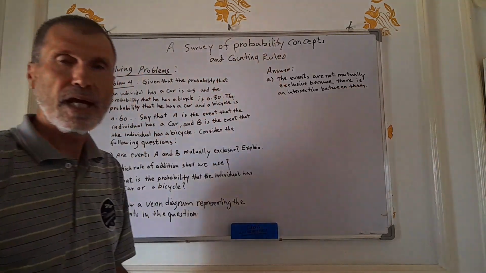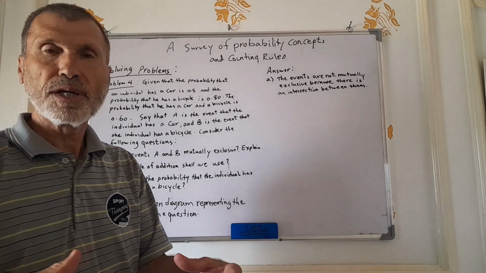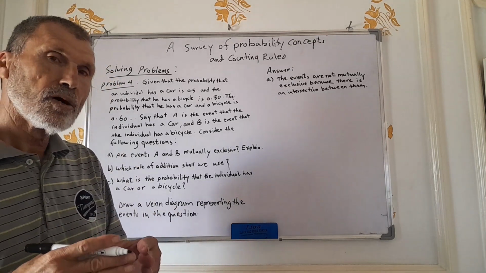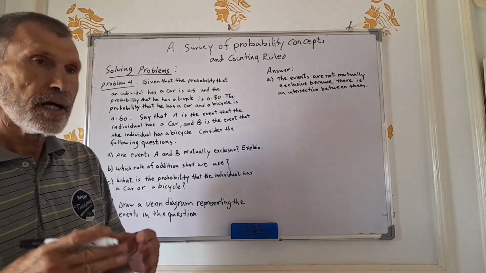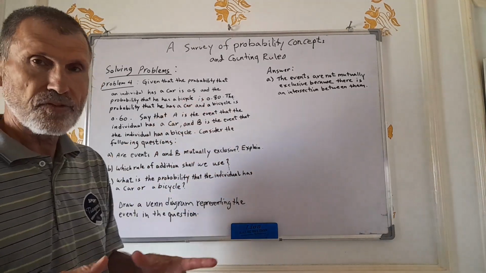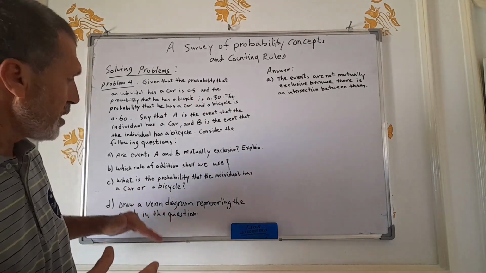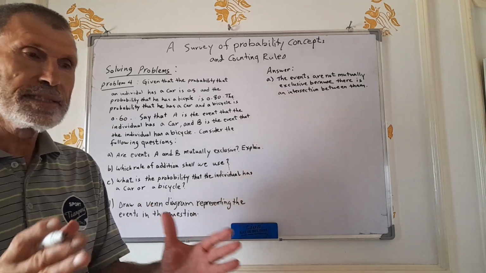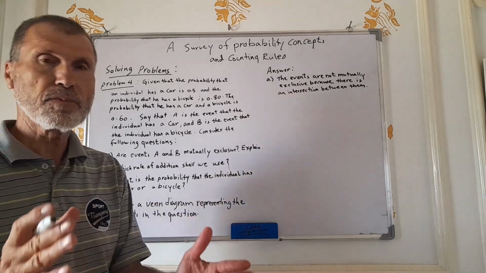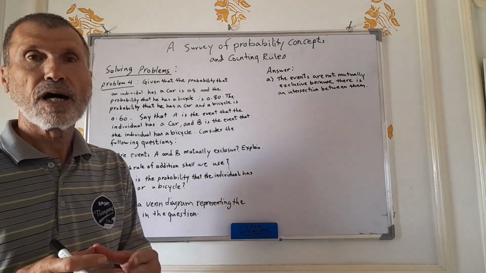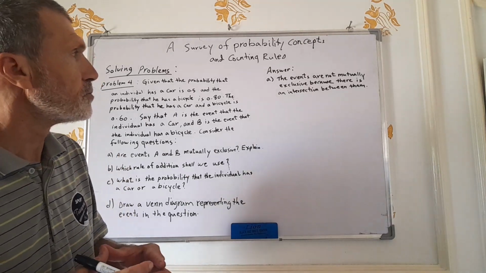Okay, we have an overlapping between the two events because the probability of having a car and a bicycle is 0.60. Therefore, once we draw the Venn diagram later on, we will see the intersection. So once there is an overlapping between the events, then we say that the events are not mutually exclusive.